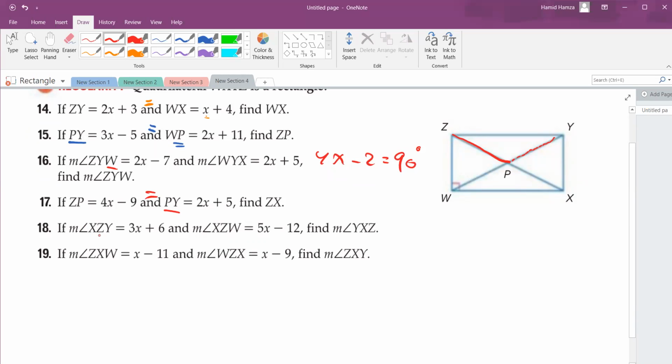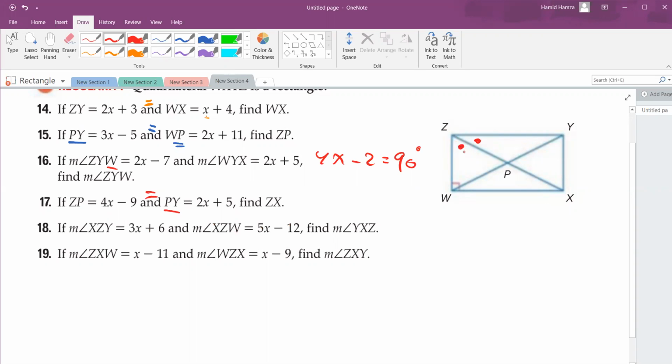Angle XZY. So let me erase this. The solution is very easy. We focus on discovering the relation. XZY, this one, and XZW, this one.